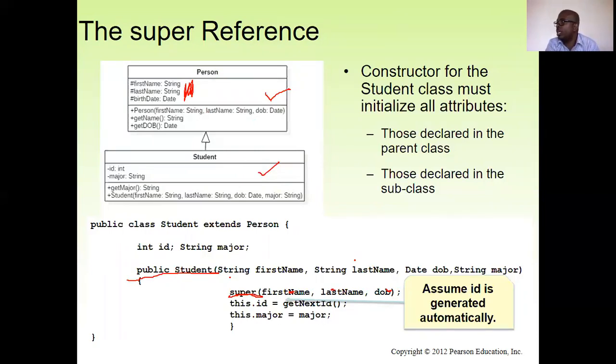It's like saying that if you are inheriting from me, in order for you to exist, you need to make sure I am set up first, so that you can take what is set up and add to it. Yes? That kind of principle. You can't have a child without a parent. Right?